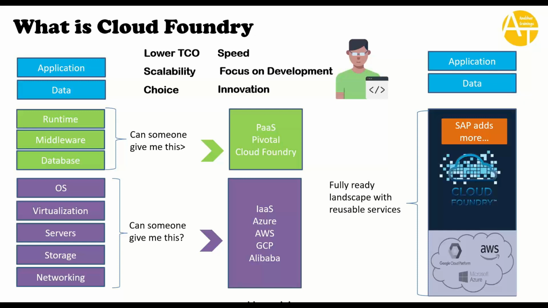This is called an S4 side-by-side extension. So we will also cover this as part of our training, how to develop a side-by-side extension to S4 HANA by consuming APIs offered by SAP in Cloud Platform using Node.js. So that is what we will be discussing in this training throughout.